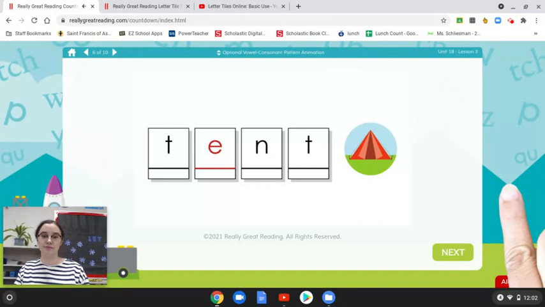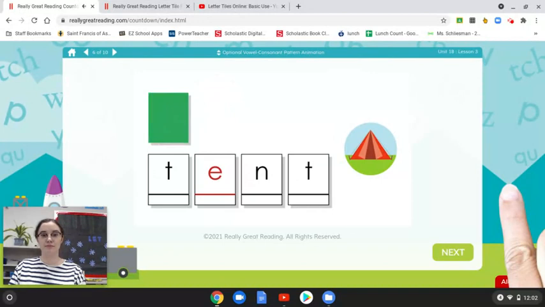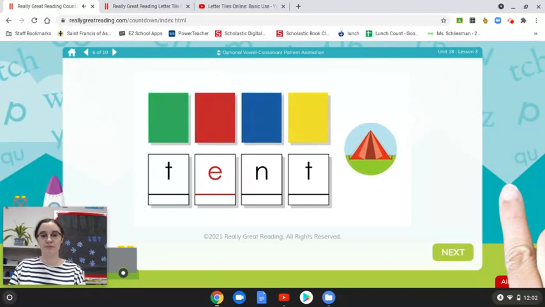You're right, it does. It has the vowel consonant pattern. There's one vowel and only one vowel, and one or more consonants after it. That lets us know the vowel will probably say its short vowel sound. T, e, n, t, tent.